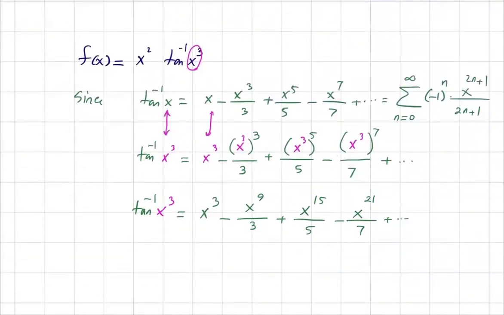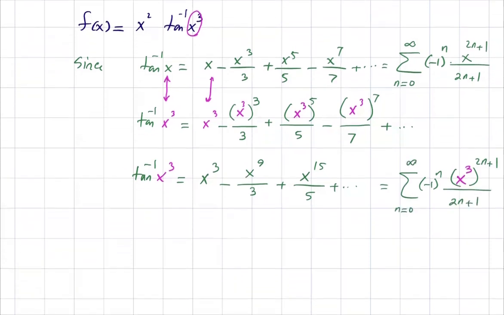Or in a more compact version, if you want to use series, let me just erase this one so we have enough space. So plus the rest of the terms can be written as the summation of -1 to power n, x cubed raised to power 2n plus 1 divided by 2n plus 1, and start from 0 to infinity.